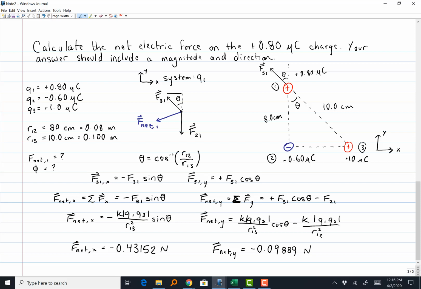Alright, but we still need to find the actual magnitude and direction. Right now I've got the components of my vector, but that's not what I'm being asked to find. So to go from the components to a magnitude and direction on this net force vector, which we're saying is in the third quadrant, to find the magnitude of this vector, I can just use the Pythagorean theorem.